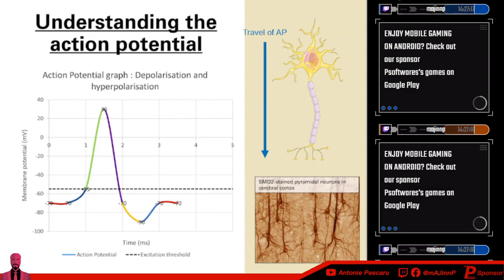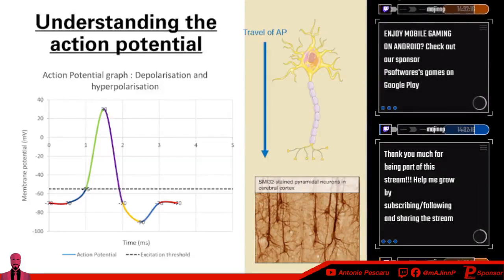Like I said, it wants to intake as many positive ions. Once it reaches minus 30, those voltage gated ion channels will close, and then that's going to cause its hyperpolarization all the way to minus 90.